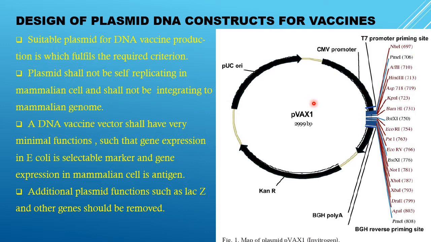Such vectors are not suitable for a vaccine, because there should be replication, but not that high, as there would be a possibility of that particular plasmid integrating into the human genome. So there should be a high number of copies, around 500 to 600, but not as high as 1,000 or 1,200. In that case, it will lead to some other concerns also. So this is a pUC vector or pVAX1 vector. In that category there are various vectors.